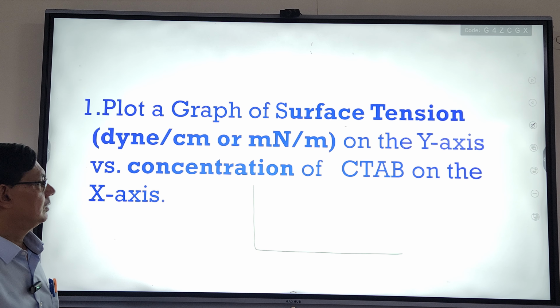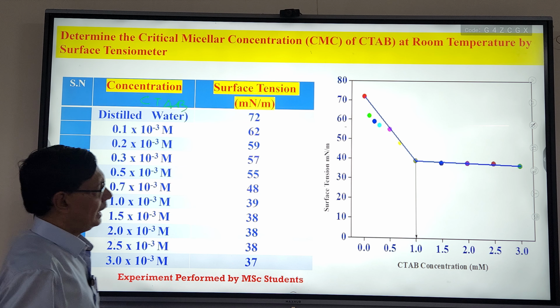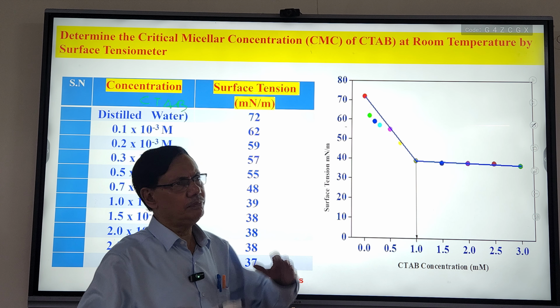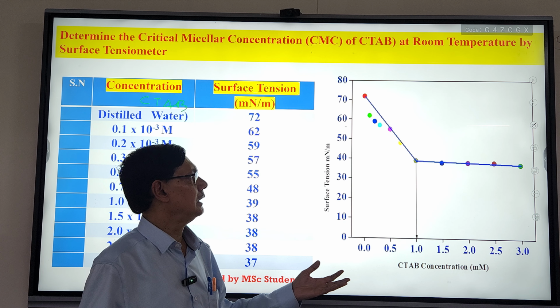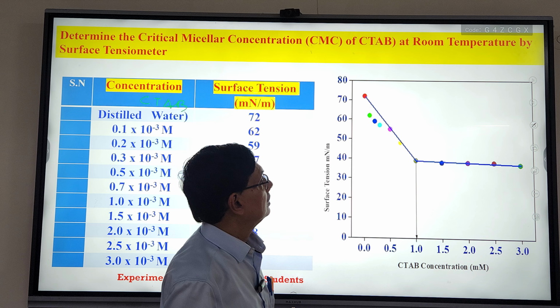and it is millinewton surface tension. There are some values, and the computer will directly draw the plot. आपको कुछ नहीं करना है, and you see that there is a decrease in surface tension.